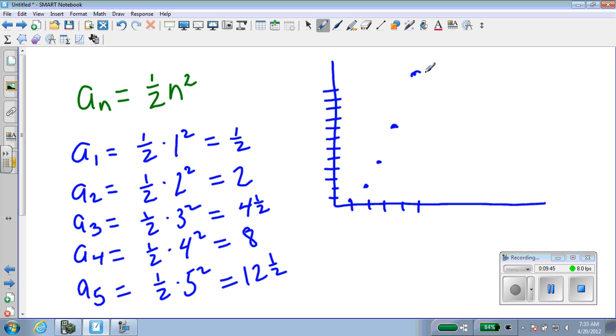This is not linear, and in fact, if you look at the functional definition, you might recognize that as a parabola. So we're getting the dots that would describe the right side of a parabola.